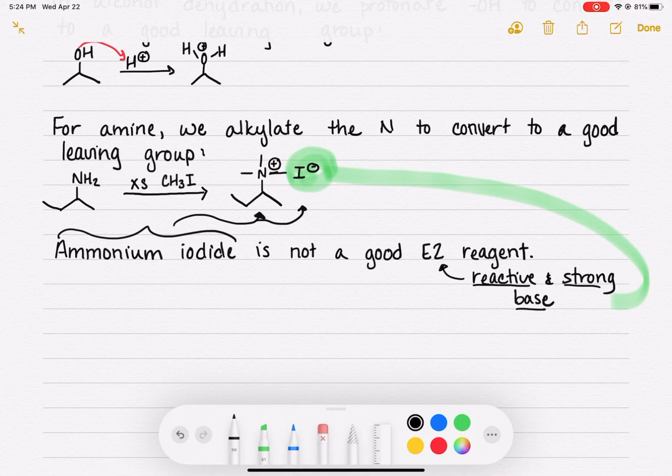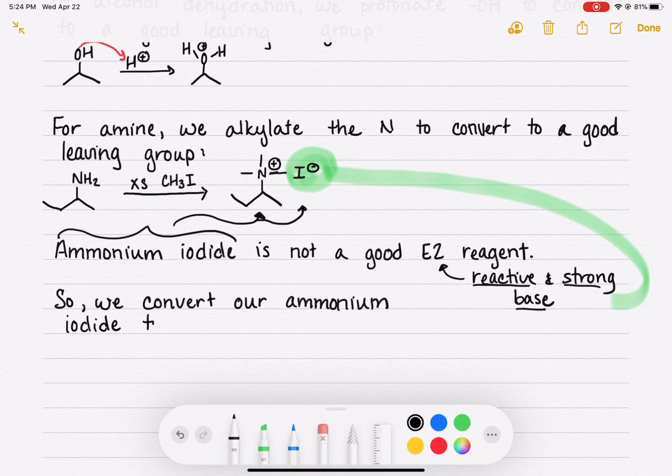So for the next step, the next thing that we are going to do is convert our ammonium iodide to an ammonium hydroxide.